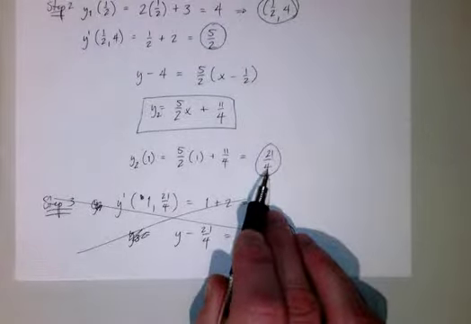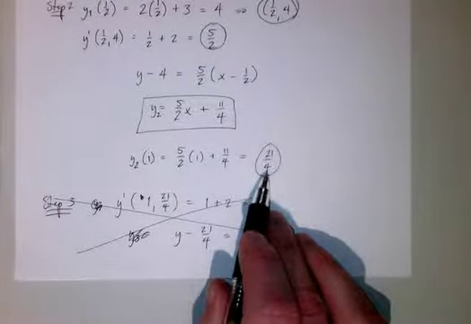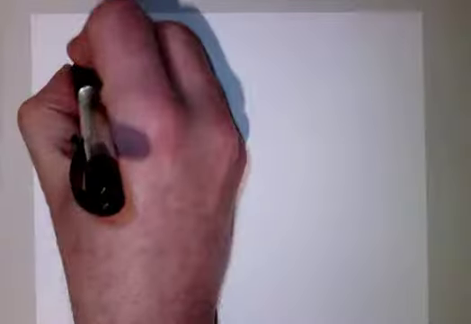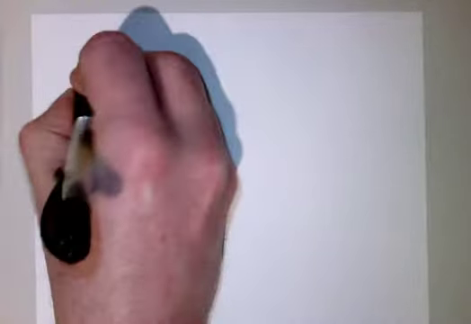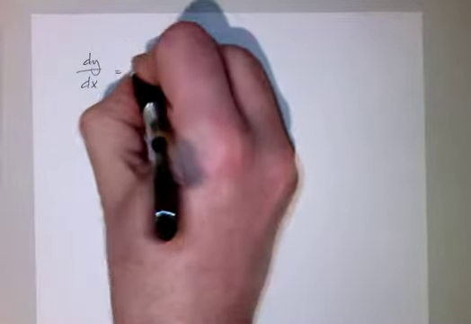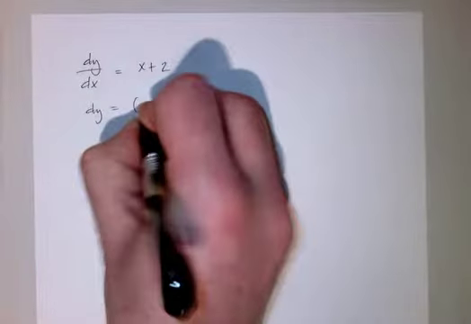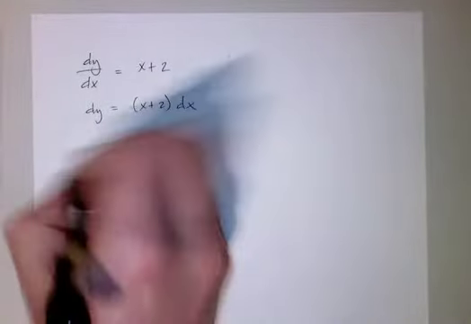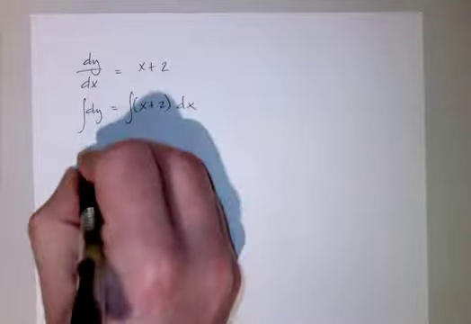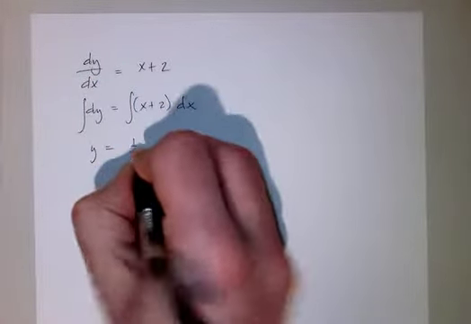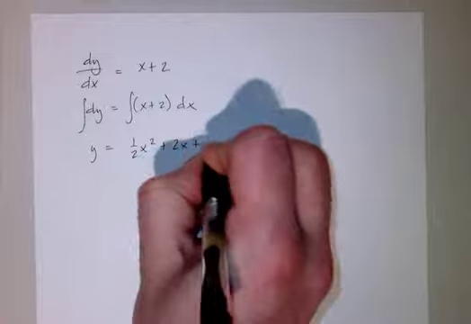21 fourths. Let's see how close that is to an actual value. Now remember that I was given something that actually is separable. I can actually work this out. I get dy is equal to (x plus 2) dx. Integrate both sides. I'm going to get y is equal to 1/2 x squared plus 2x plus c.